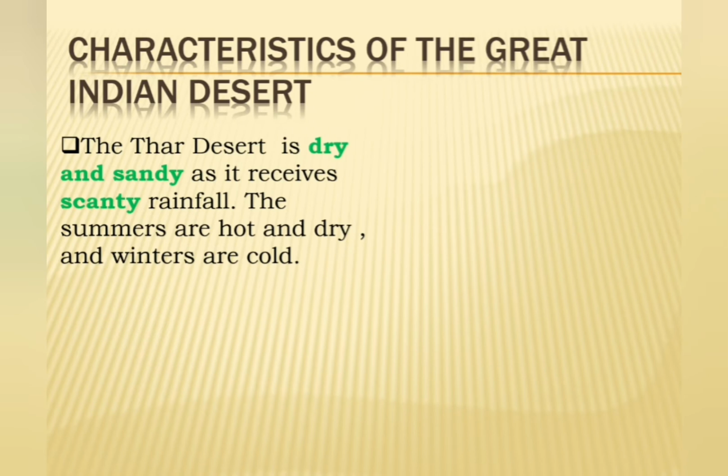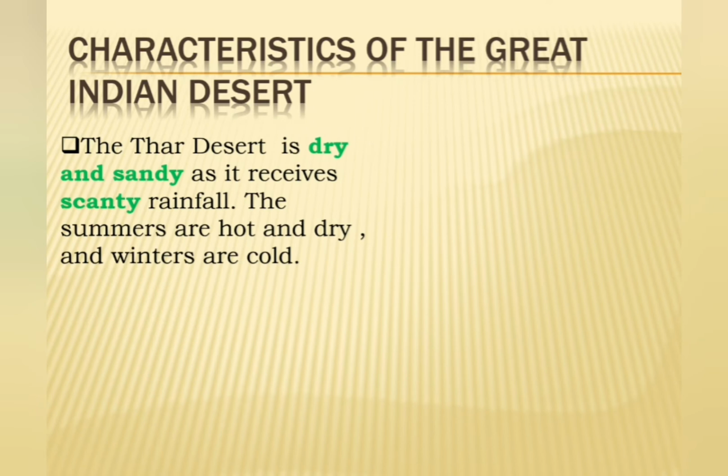Scanty rainfall means the Thar Desert receives very less rainfall. Scanty means less. The climate of the Thar Desert is hot and dry in the summer and winters are cold. The summers are hot and dry and winters are cold.